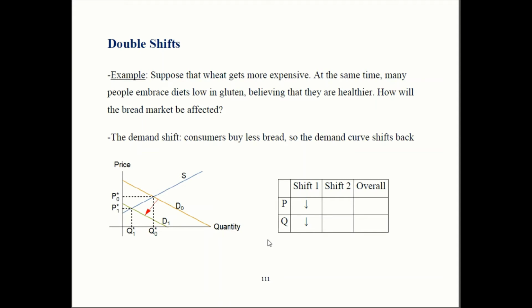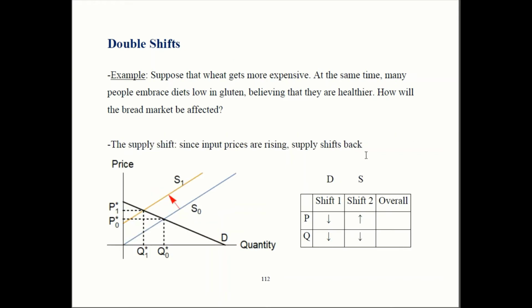Now we go on to fill in the second part of the table. We look at the other part of the story, which is the increase in the cost of wheat. Because wheat got more expensive, it's now more expensive for firms to make bread. Some loaves of bread that have been barely profitable in the past now become unprofitable due to increased costs. As a result, firms are going to cut back on how much bread they're making. That's going to reduce supply, so supply is going to shift back.